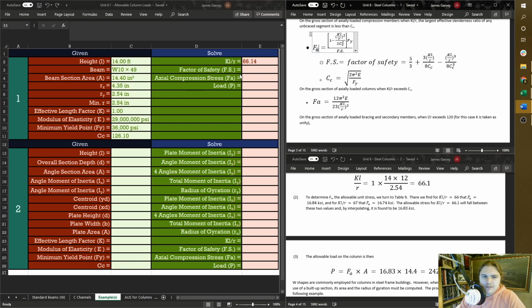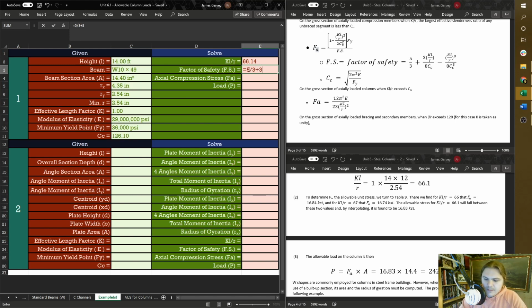Factor of safety is going to be equal to 5 divided by 3, which is just a constant, plus 3 times our KL/r, and that divided by 8 times our Cc.